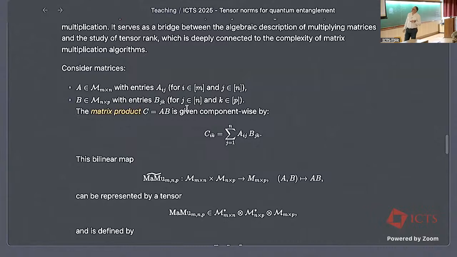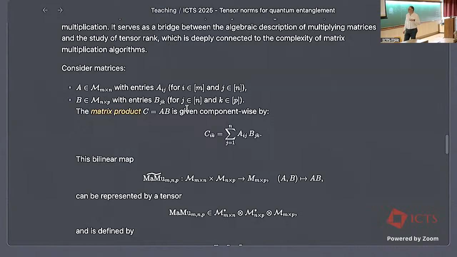So the MaMu tensor, what does it do? It's a three-tensor. So it lives in the dual of the first matrix space, tensor the dual of the second matrix space, tensor the output matrix space, right?